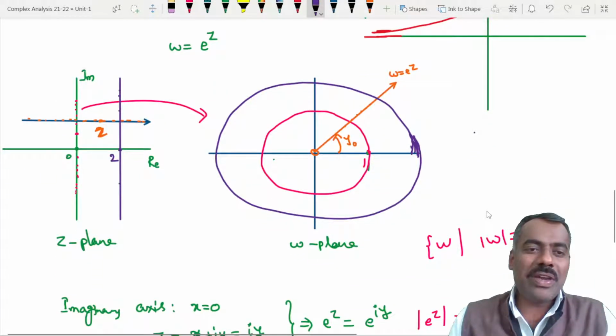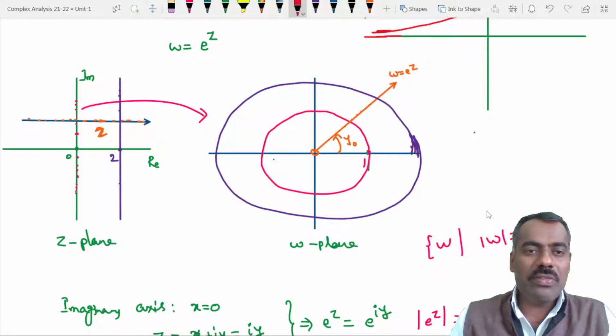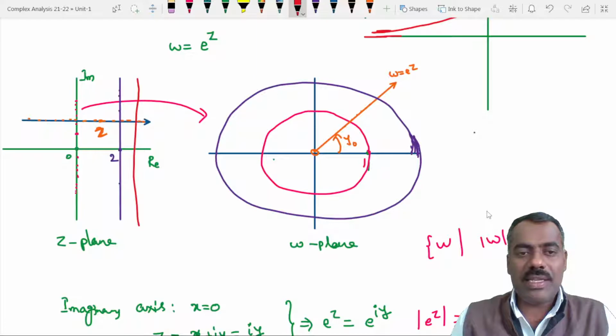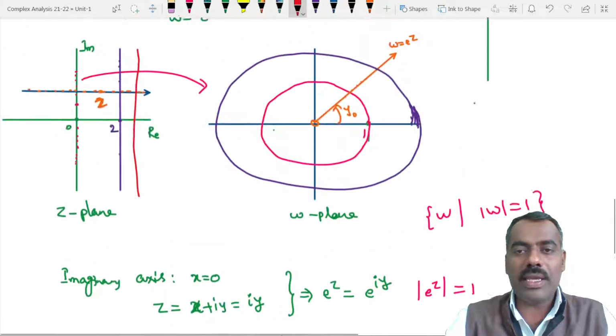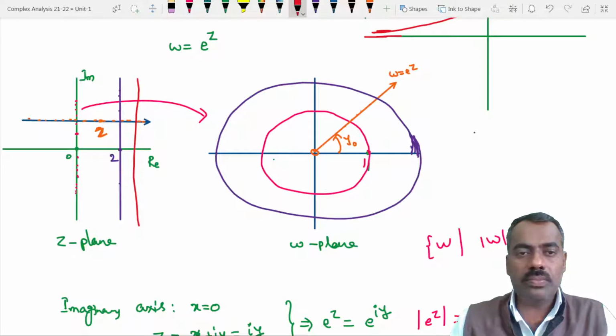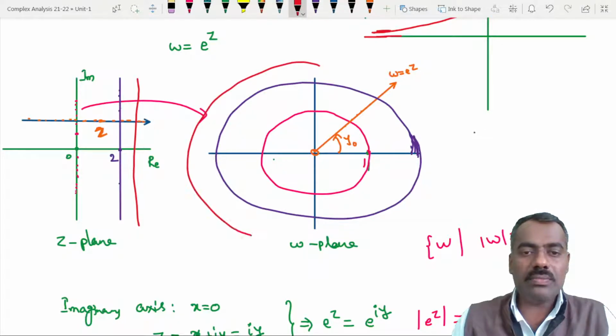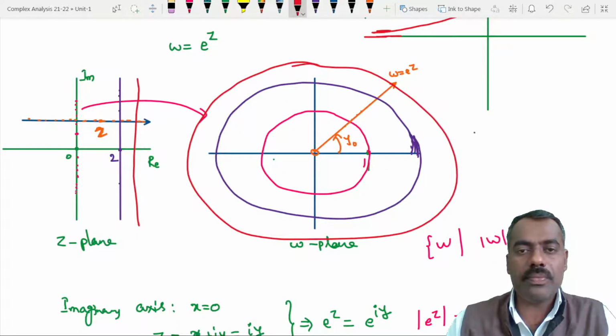So what we have observed is this line is mapped to this circle. Similarly, if you take another one, then because this length is bigger, suppose e power some, here it is some k, then the radius will be e power k, right. So that will be like this.